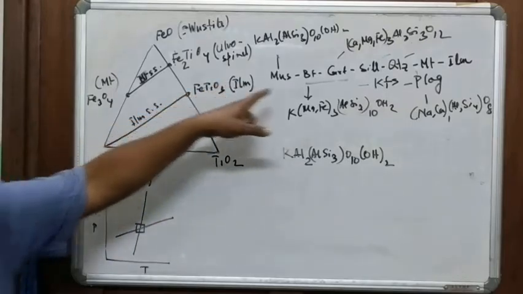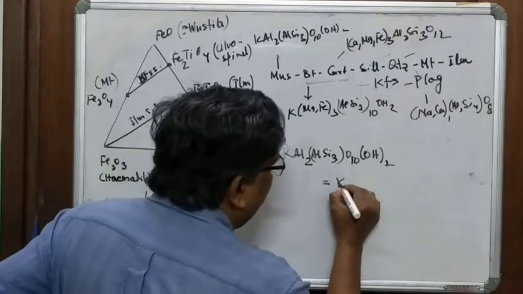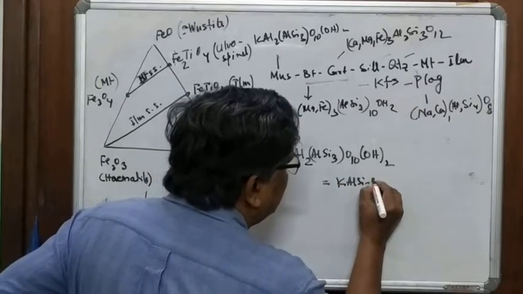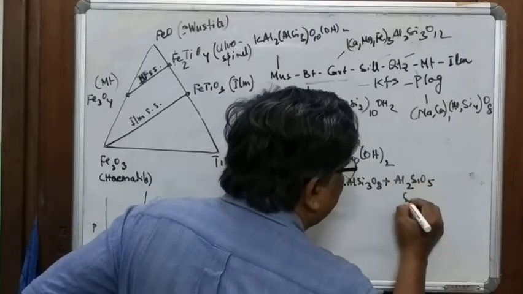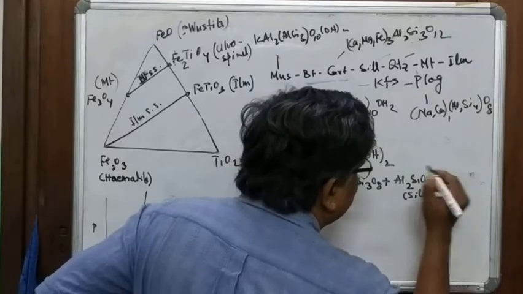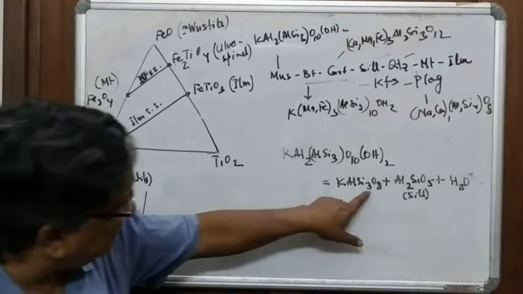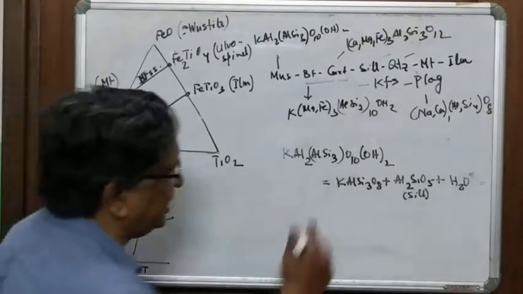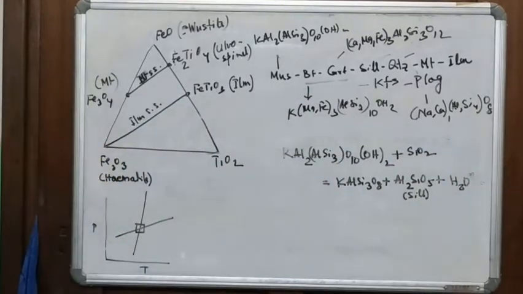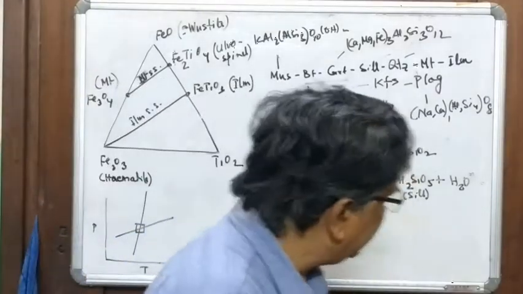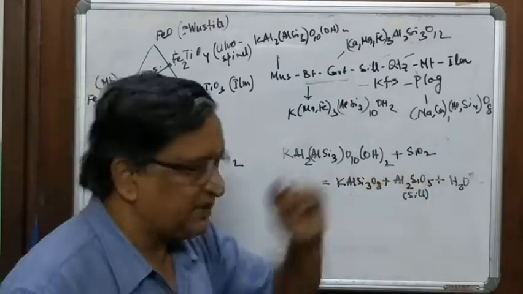And if this is the assemblage, then I can write here is equal to KAlSi3O8 plus Al2SiO5, which for us here is sillimanite, plus H2O. So here you can see you have 3 silicon plus 1, 4 silicon, you have 1 silicon, so you have plus SiO2, which is quartz. So I can write the reaction balanced. What is it? Muscovite plus quartz is equal to K-feldspar plus aluminosilicate plus H2O.